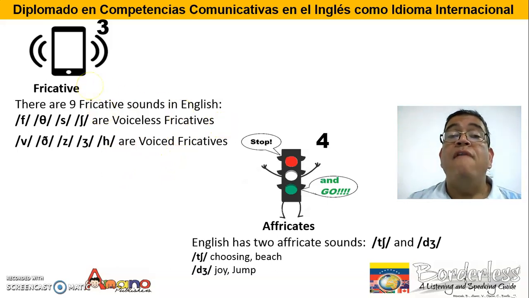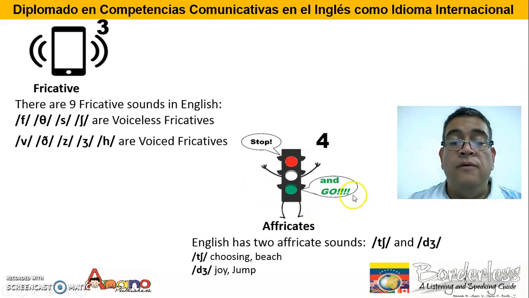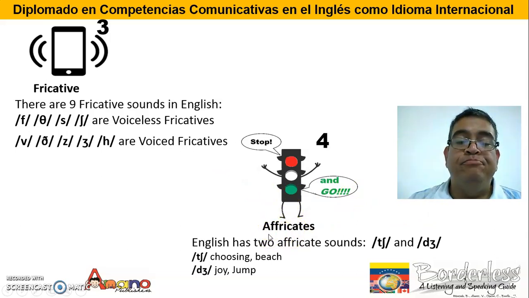They produce vibration. I just skip some examples from these sounds because I want to focus on them in some activities later. Now, let's move on to affricates.